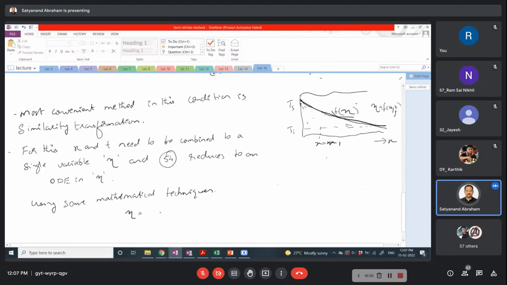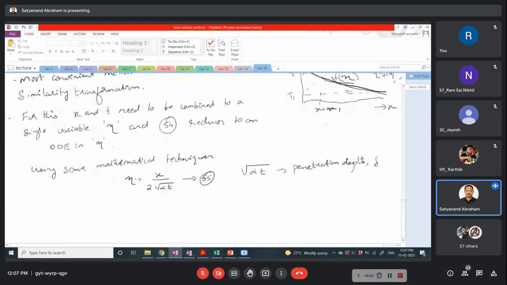So eta can be given as x by 2 root alpha t. This is the self-similar variable. We can call root alpha t the penetration depth, just a term we are giving. So eta is the self-similar variable, and you can see that eta is a function of x as well as t.